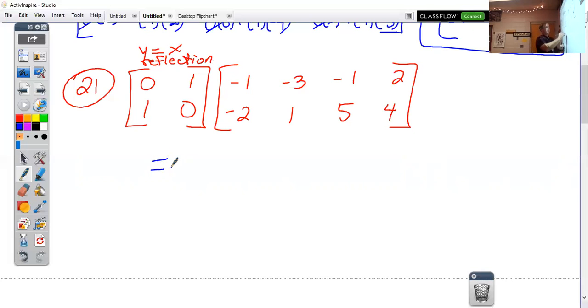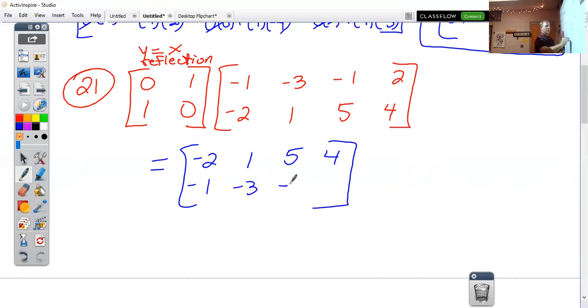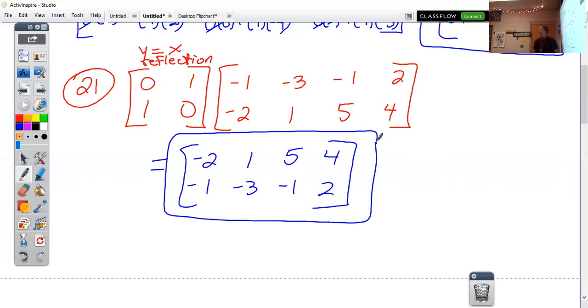That's it. So everything that's a y becomes an x, and everything that's an x becomes a y. So the signs don't change at all when you're reflecting it over the y = x axis, except if they're negative.